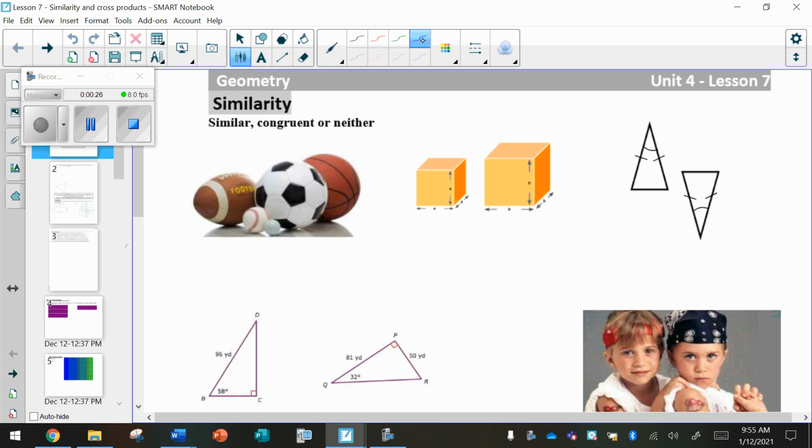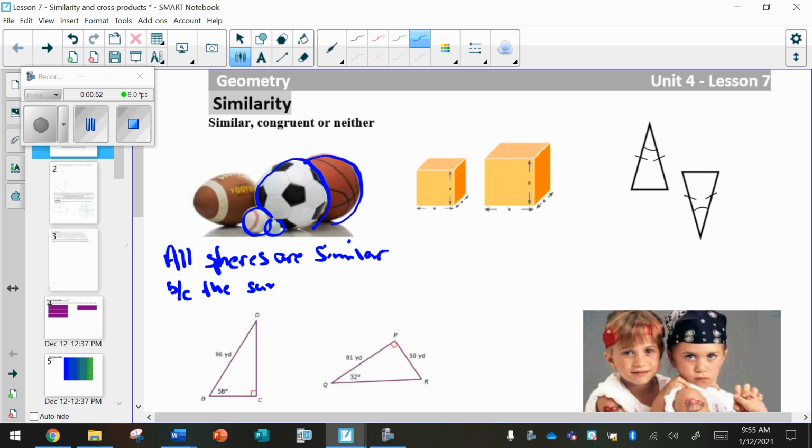The first one we have, we've got a basketball, a soccer ball, golf ball, baseball. All of those shapes are spheres, and all spheres are similar because they have the same shape, but they're different sizes.